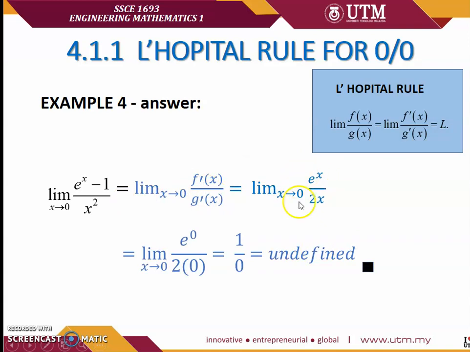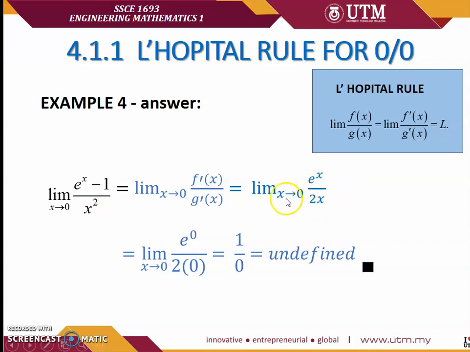For e to the x minus 1, the differentiation of e to the x is e to the x, as in the list of formulas, and 1 is a constant, so it becomes 0. The differentiation of x squared is 2x.